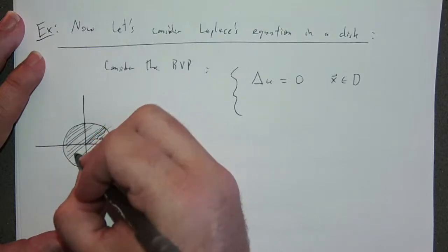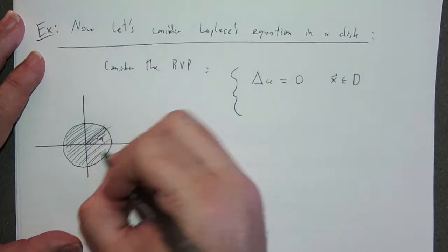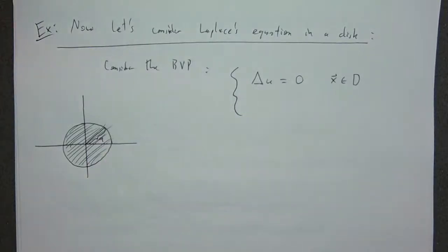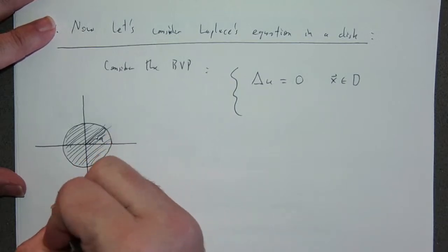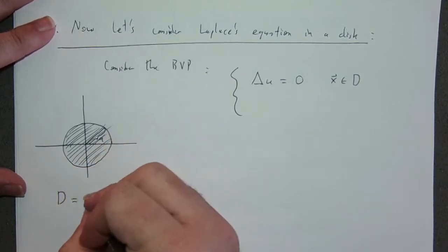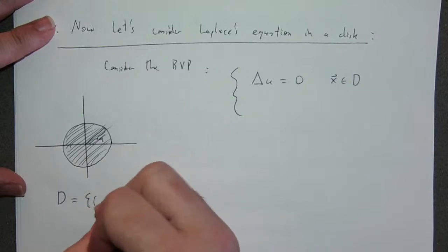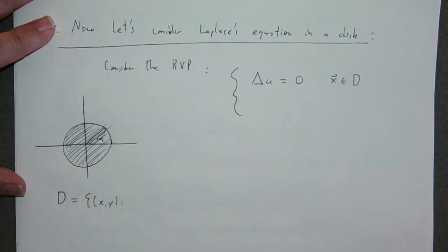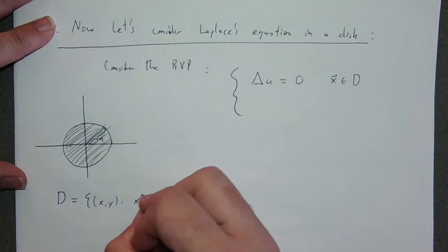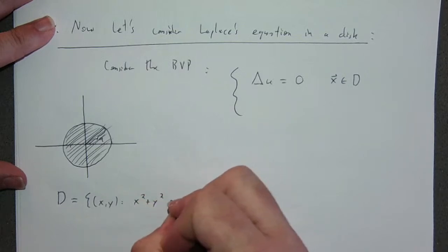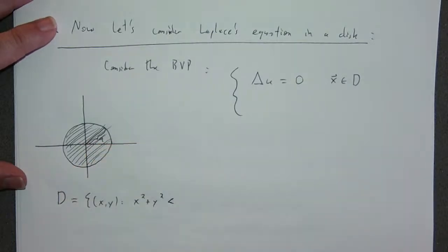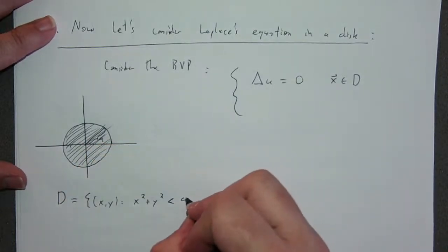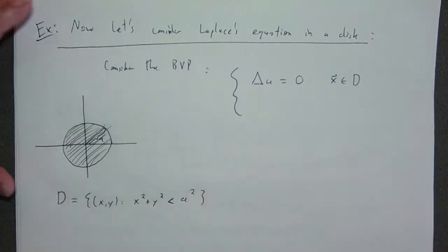The circle is its boundary, but this is the entire closed disk of radius A. So this is the set D, which is described as the set of ordered pairs x, y in the plane such that x squared plus y squared is, we'll say that D is the open disk and the boundary is the circle.